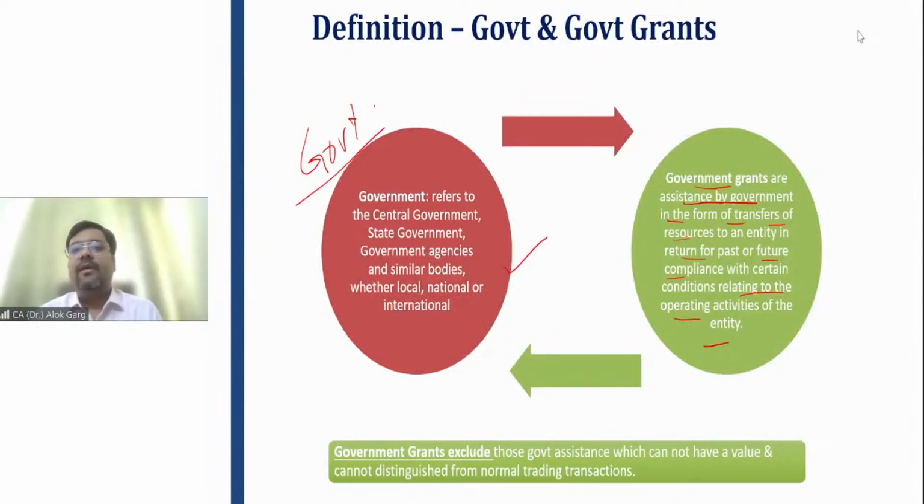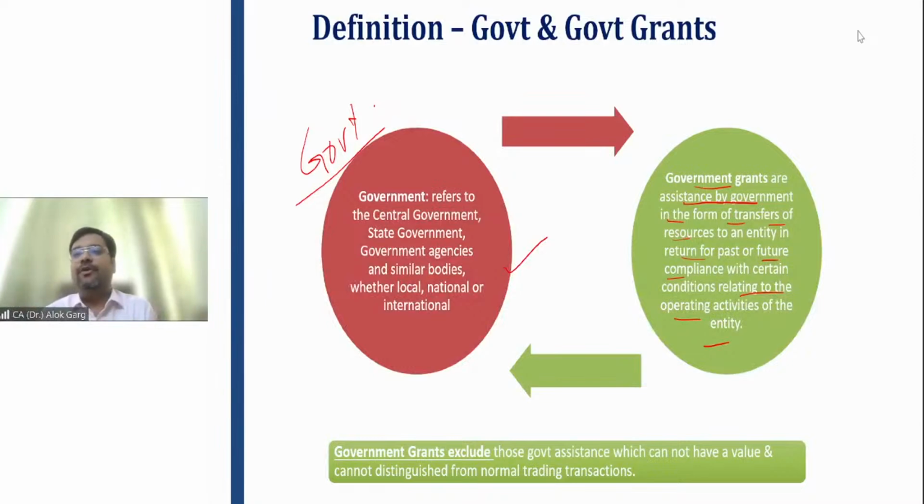Second, the government has put a condition to the entity that if you give employment opportunity to 500 people in the next 2 years, we will reimburse you 50% of the salary given to those persons, right?